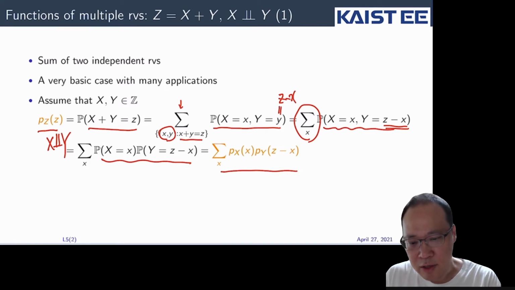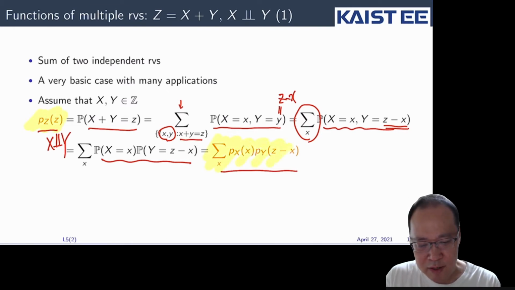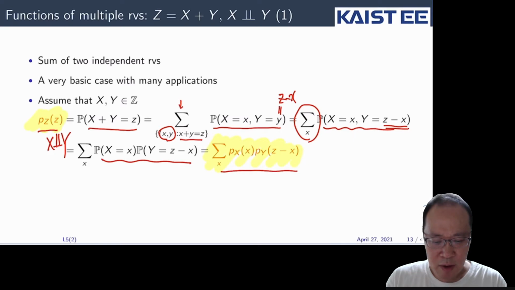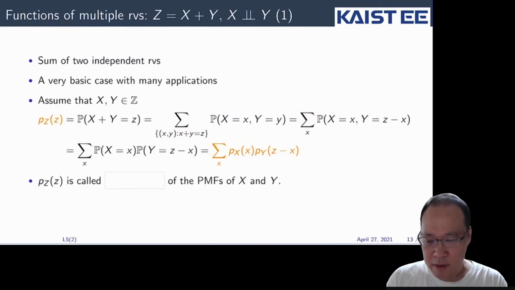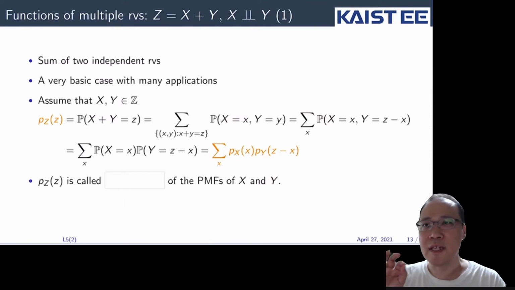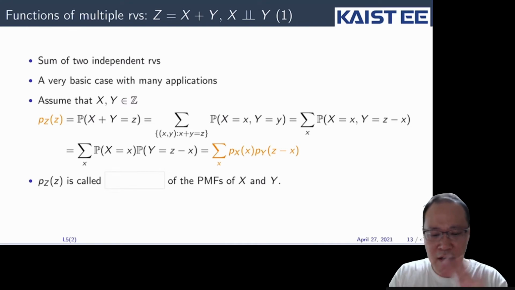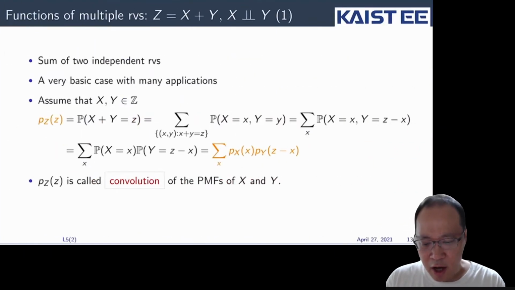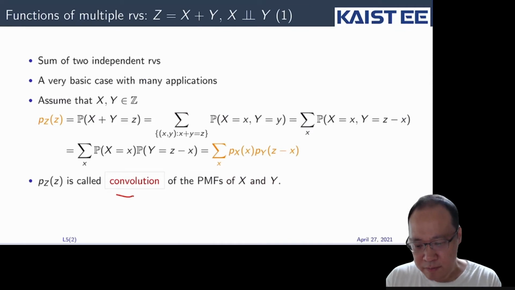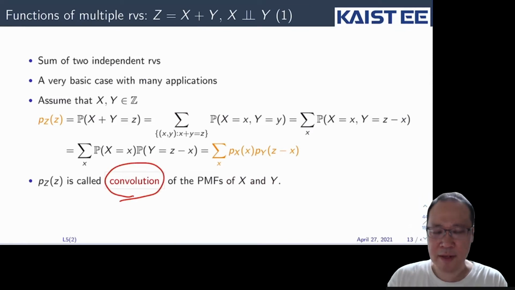So here p_Z(z) is equal to the summation over all x of p_X(x) p_Y(z minus x). This is a very special operation where Z's PMF is some combination of p_X and p_Y, and we call this p_Z the convolution of the PMFs of X and Y.